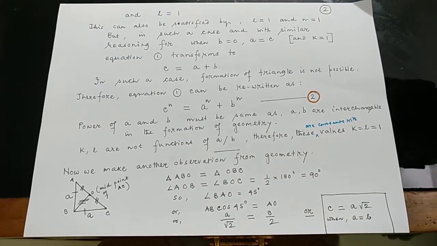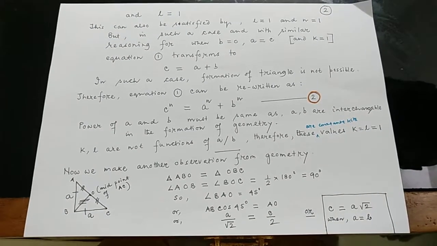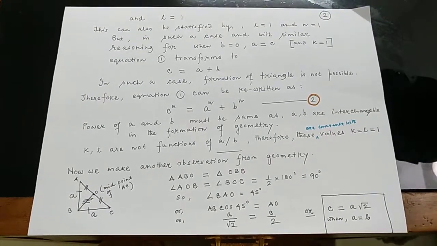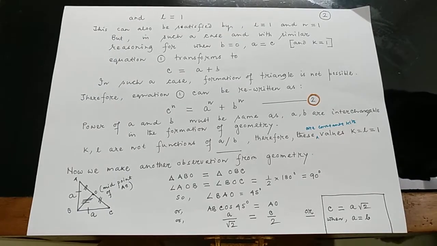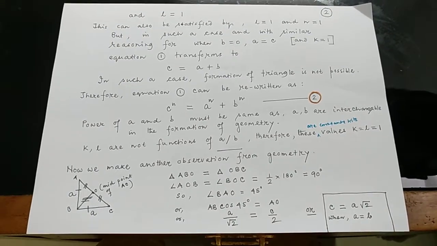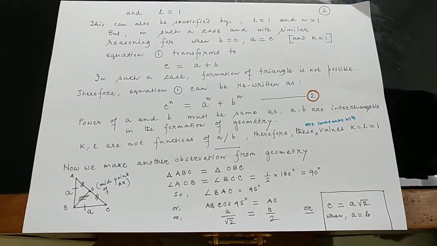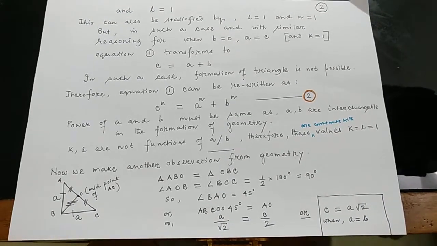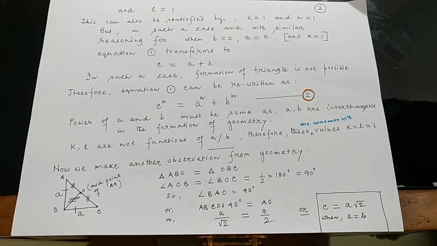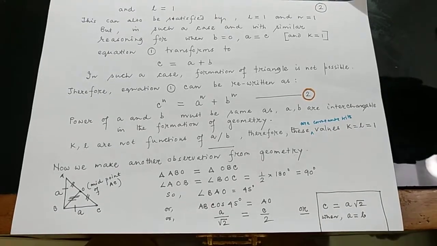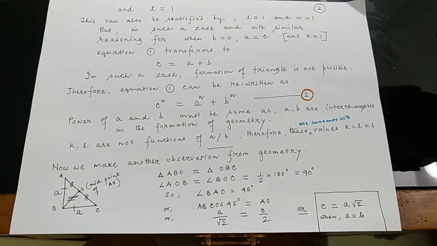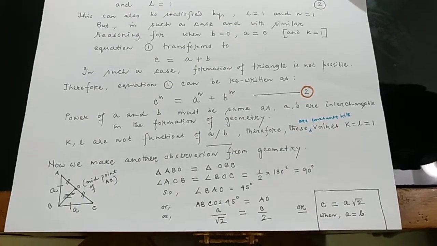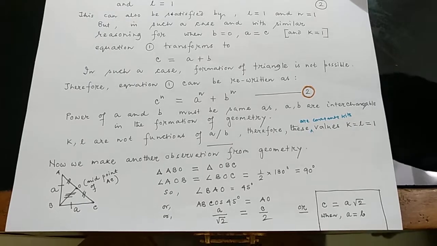And a question may arise, why the power of a and b must be equal and same, because as we know, a and b are interchangeable. So in the geometry, a and b can change their position, but still the condition of c should be satisfied. So power of a and b must be the same.